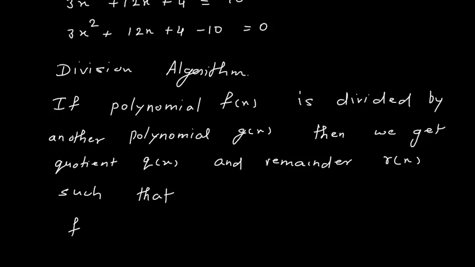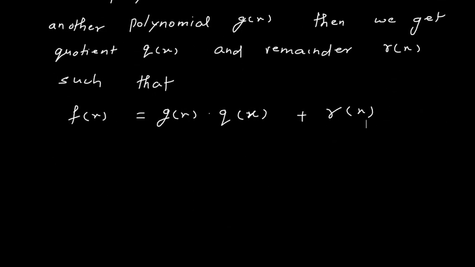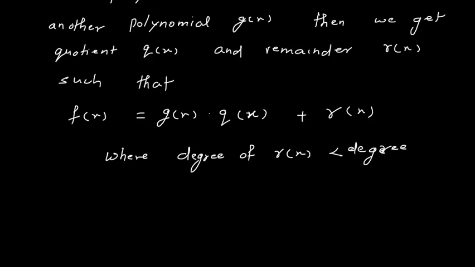fx is equal to gx into qx plus rx, where the degree of rx is less than the degree of gx.